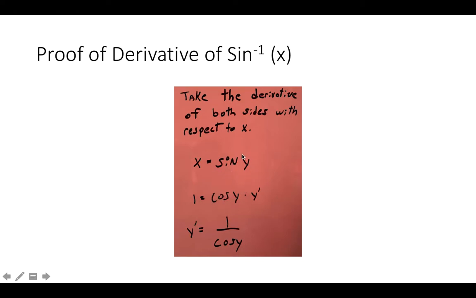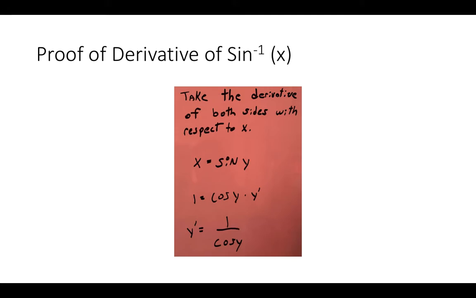But since it's with respect to x, we have to take the derivative of the y function that's in the sine. So the derivative of y is y prime, right? And since we're trying to find the derivative, we just set everything equal to the derivative, and we get y prime is equal to 1 divided by cosine y.